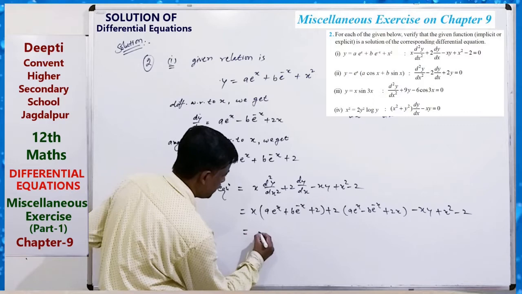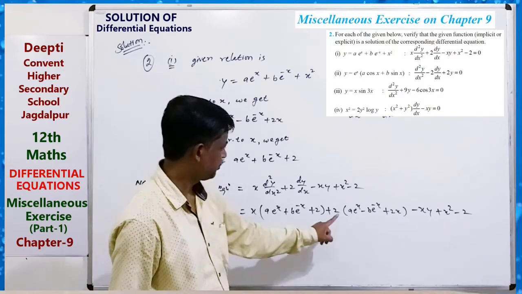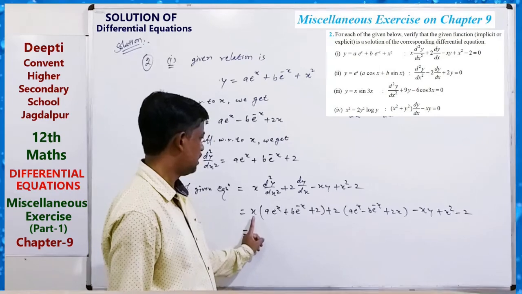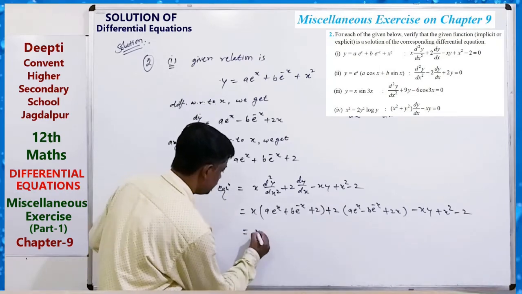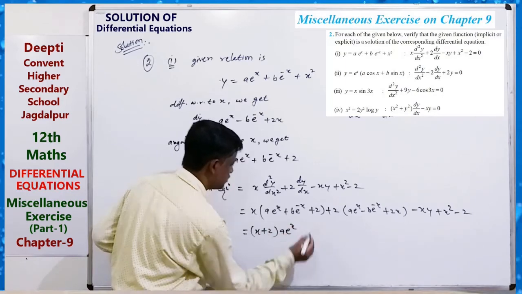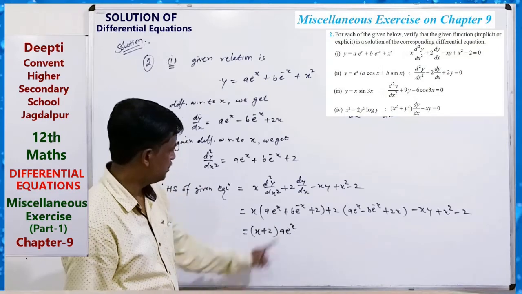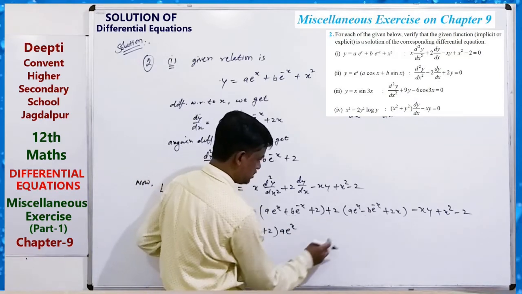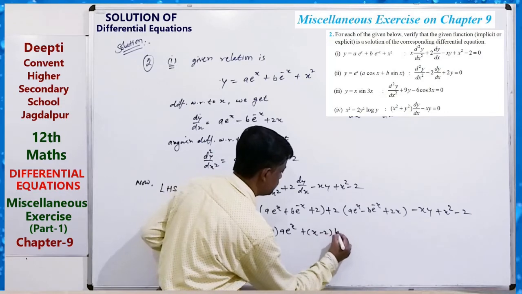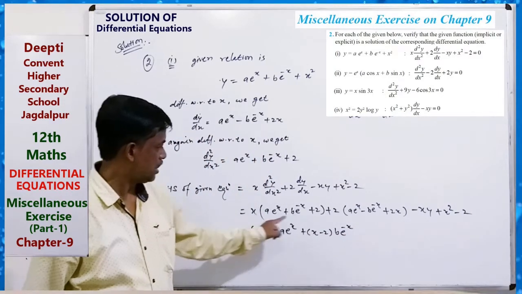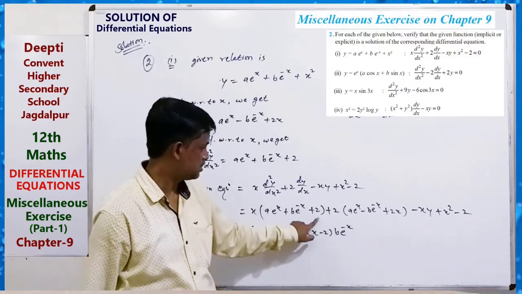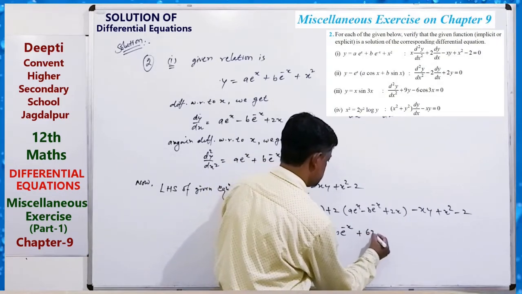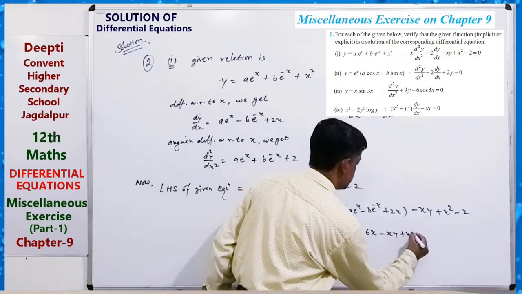Okay, we can see that the a e to the power x terms give x plus 2 times a e to the power x, and the b e to the power minus x terms give x minus 2 times b e to the power minus x, and the remaining terms are 2x plus 2x plus 4x, that is 6x, minus xy plus x square minus 2.